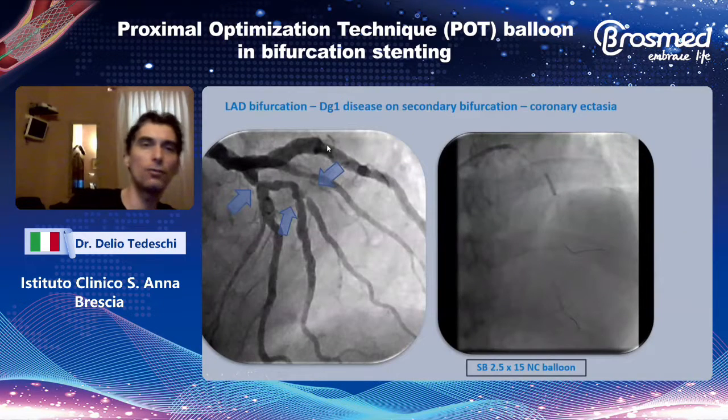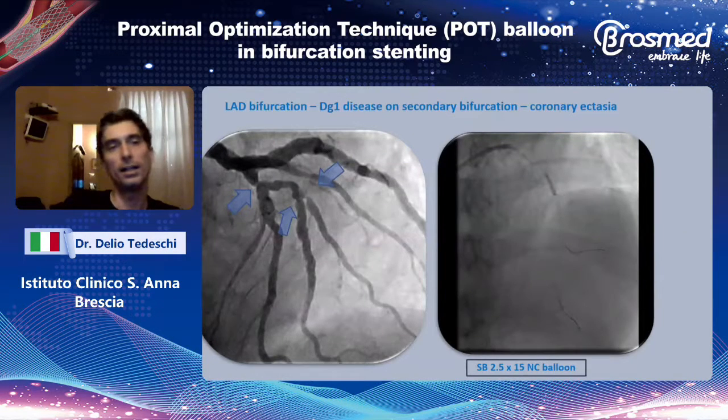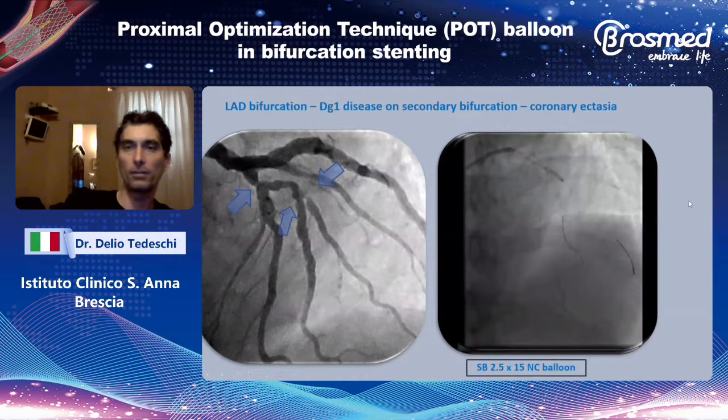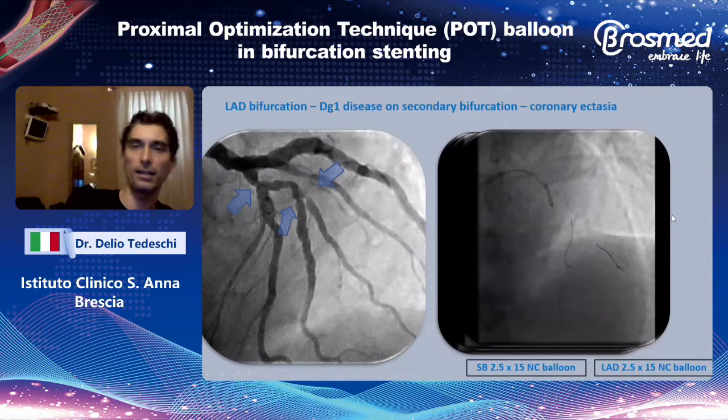So my strategy was, first of all, to do a sort of preparation of the LAD and of the diagonal in order to perform an IVUS interrogation with more stability without any ischemic problem, in order to understand better the anatomy of the bifurcation and the anatomy of the diagonal branch.